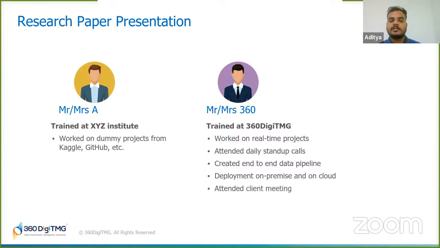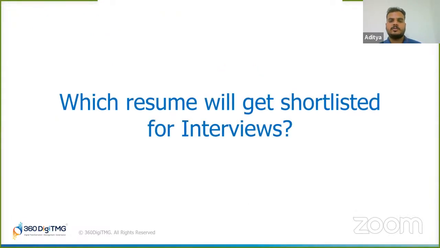They have also had the opportunity in many cases to attend client meetings, and they have worked on research papers. A simple, rhetorical question: which resume will get shortlisted for interviews? Joining us today, we have one such candidate.